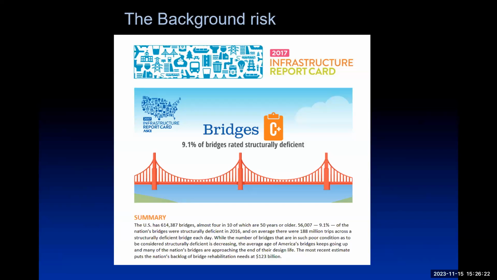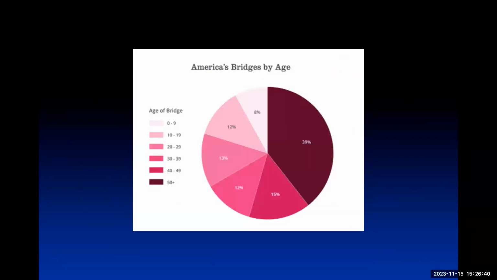The estimate for how much it would take to bring all of these bridges up to the modern code of practice point of view would be $123 billion, at least in 2017 dollars. So here we have America's bridges by age, and you can see that just about 40% of them are 50 years or more old.